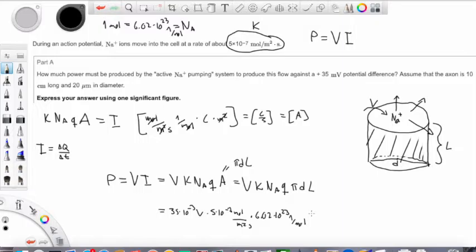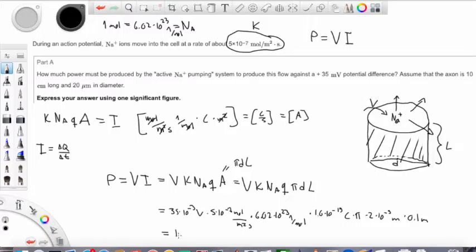Q are coulombs, so these are singly ionized ions, so their charge is same as the electron charge, but positive, so 1.6 times 10 to the minus 19 coulombs. Then we have pi, diameter 20 micrometers, 2 times 10 to the minus 5 meters, and the length is 10 centimeters, 0.1 meters.